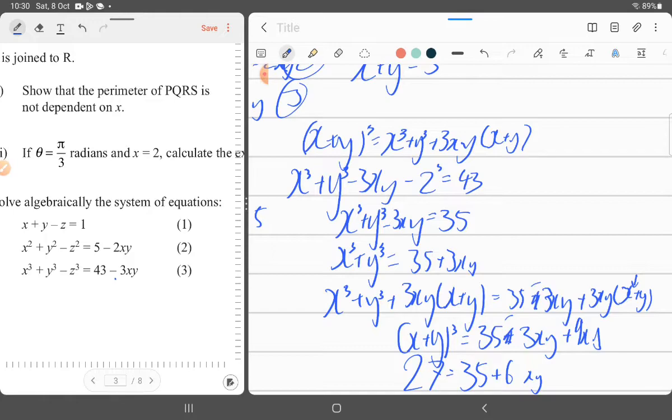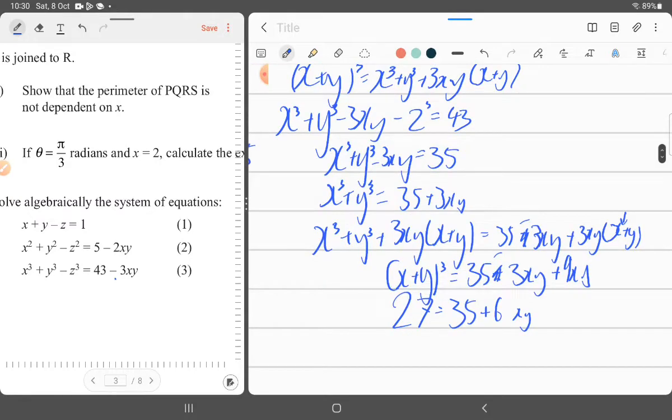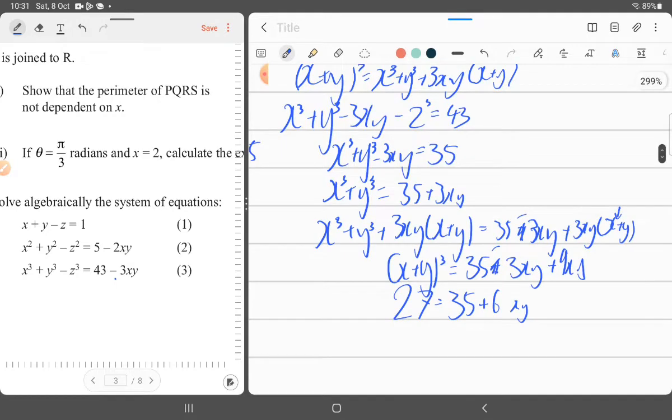X plus y cubed, 27 is equal to 35 plus 6xy. So I don't know. When I did this, it did not give me this number.